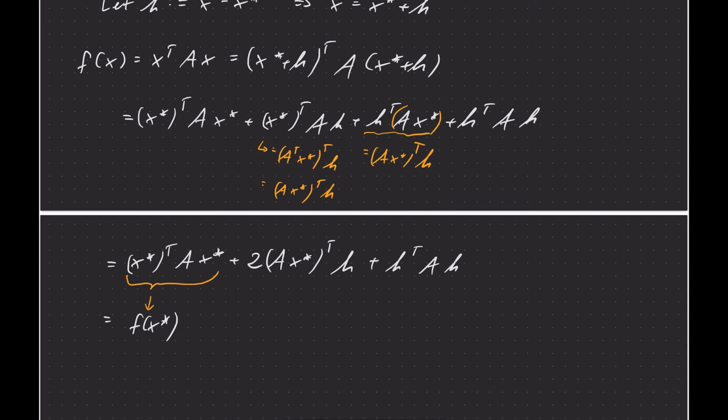That second term, we'll say this first part we call this g. And then h is x minus x star. And that leaves us with that last part here, h transposed A h.